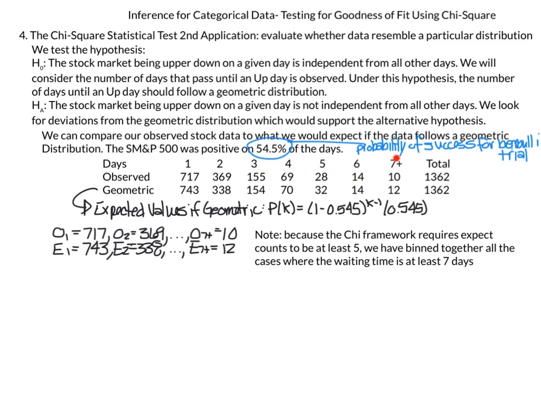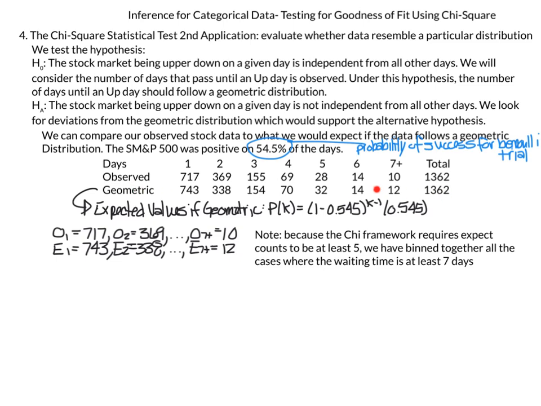And then over here we had 7 plus, and we stopped putting 8, 9, and 10 because remember we need at least 5 cases for each category for chi-square. So we grouped all our cases of 7 or more days before you had the next up day. Here there were 10 of them.